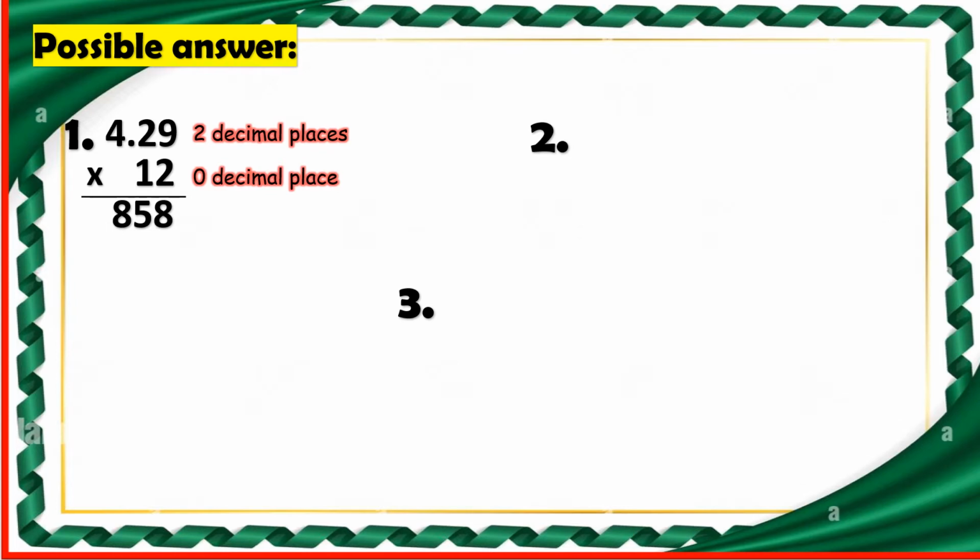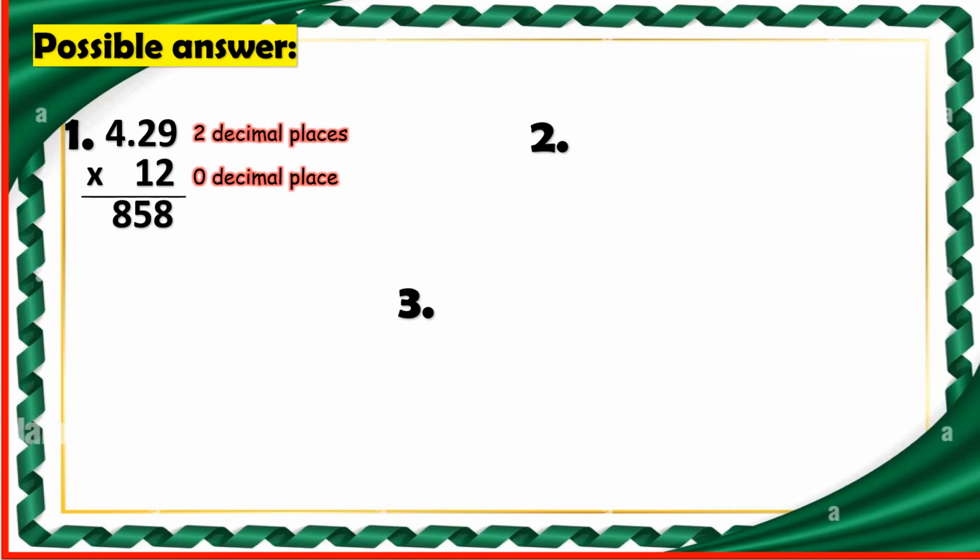So when we multiply 429 by 2, so 9 times 2 is 18, carry 1. So 2 times 2 is 4, plus 1 we have 5. So 4 times 2 is 8. So we have 858.